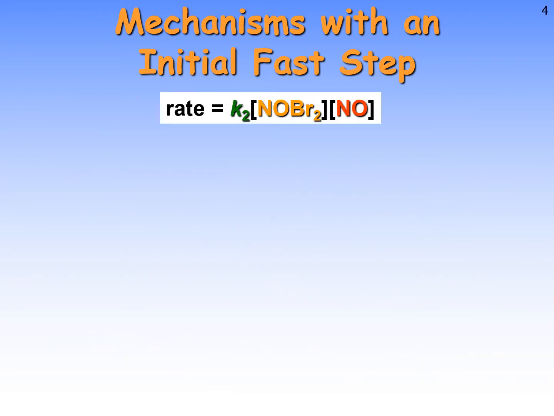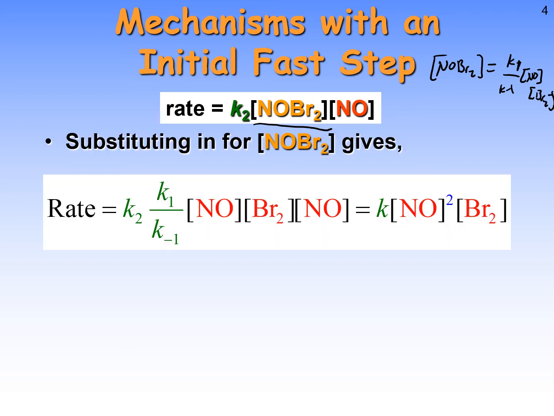Here's that concentration term, and like we determined on the previous slide, the NOBr2 concentration is equal to k1 over k-1 times NO concentration times Br2 concentration. And we can plug all that in. When we plug this into here, we get this setup.